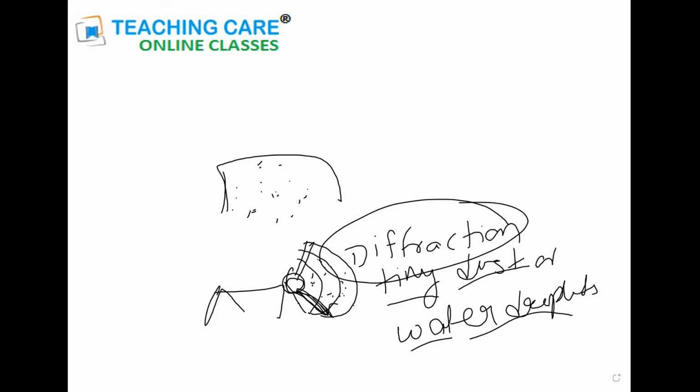So the heading is diffraction, comma, more or less. Under this, write down: waves are diffracted when they pass through a gap or around the edge of an obstacle.